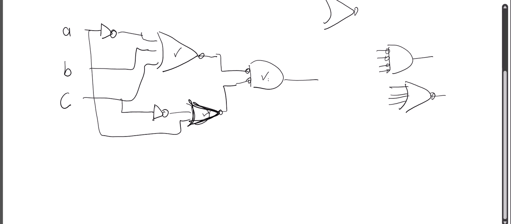And so now the only thing I need to do is to add these 2 NOTs. And the way I'm going to do that is by doing this split signal thing.